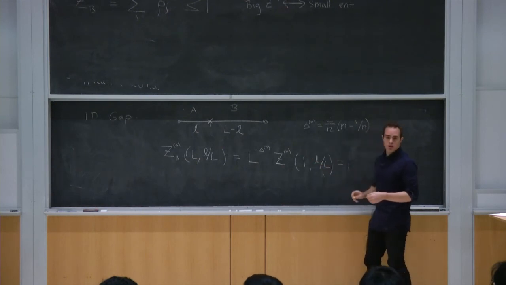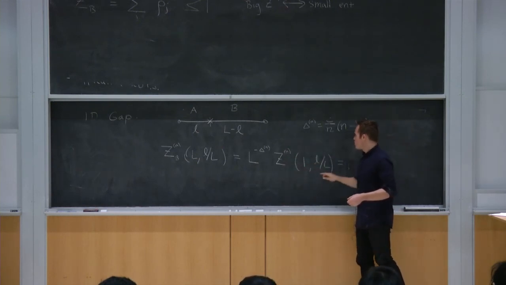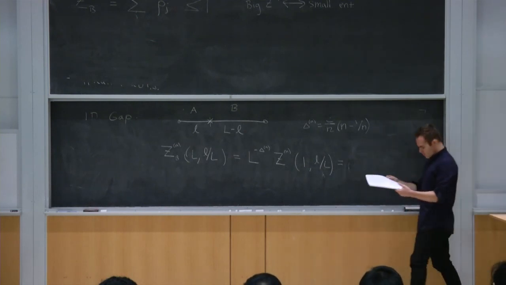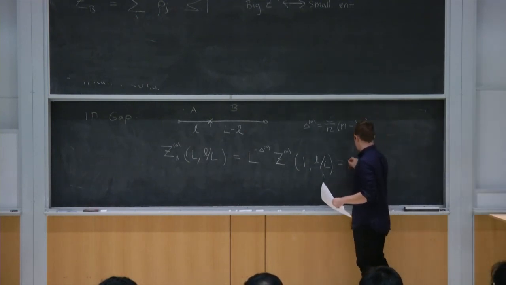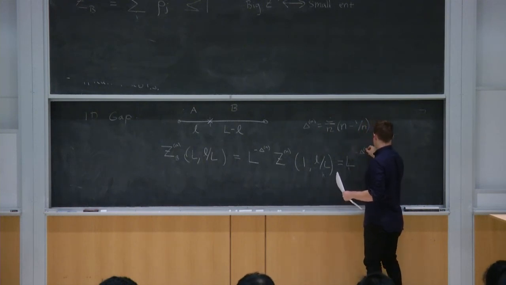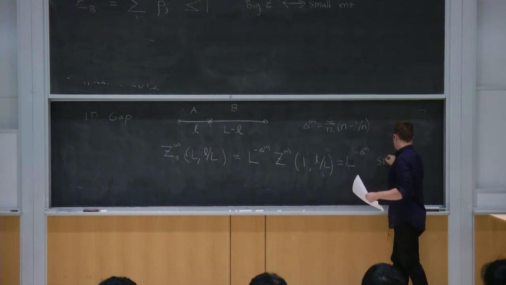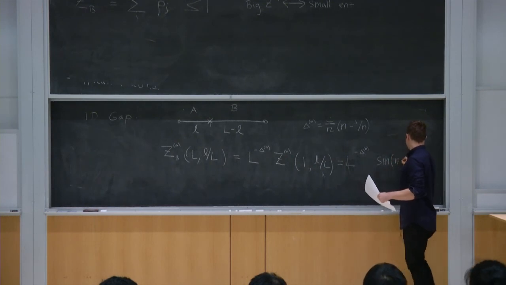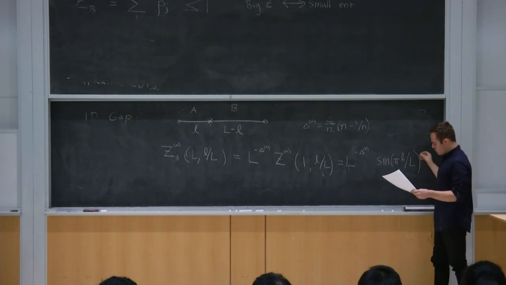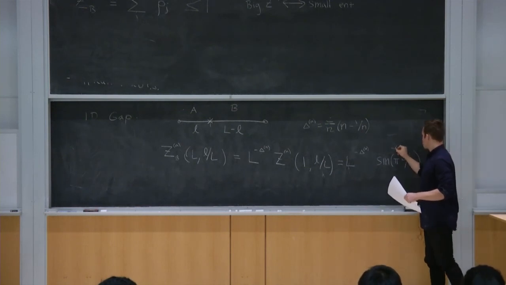Now I can actually tell you what the form of this is, because it's kind of useful. This is actually L^{-Δn} sin(πl/L) over L to the same −Δn.